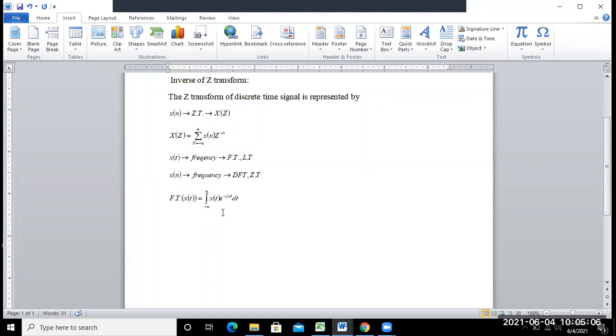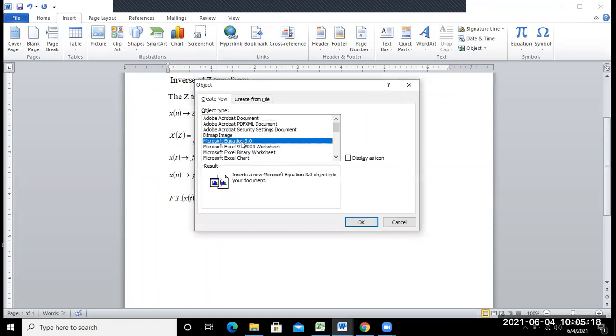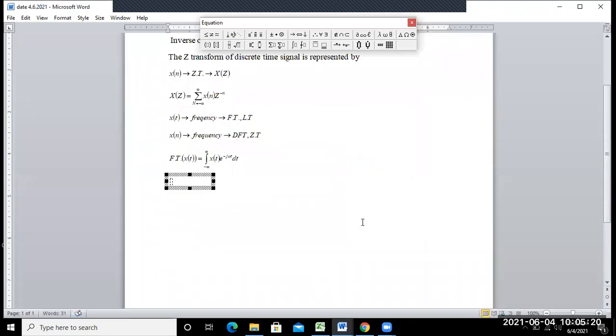Okay, so the discrete Fourier transform of x[n]: in place of t, here we have n in a discrete time signal.